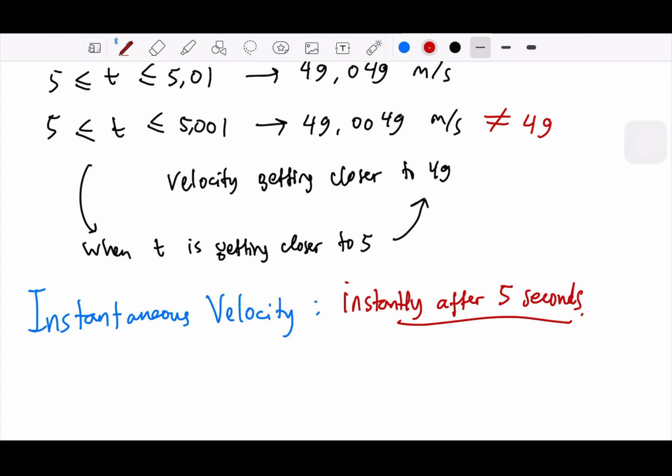And exactly in math or calculus, the point.